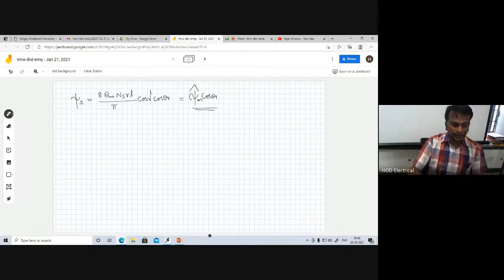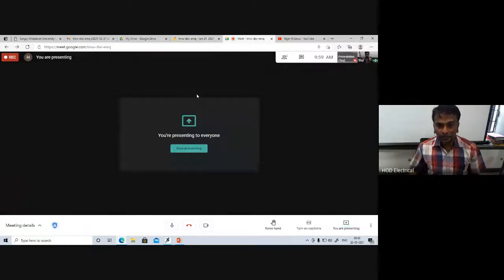So this is the derivation of the magnetic flux linkage of the stator when the salient pole rotor is excited.